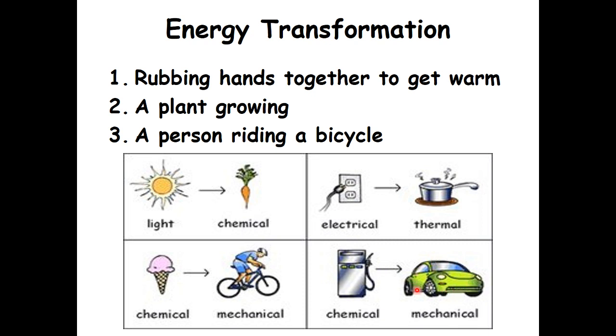After putting it in your car, it becomes mechanical energy because the car can move now. Can you see how all these examples follow the first law of thermodynamics, where energy just transforms into different forms and is never lost? So it's conserved in that way.